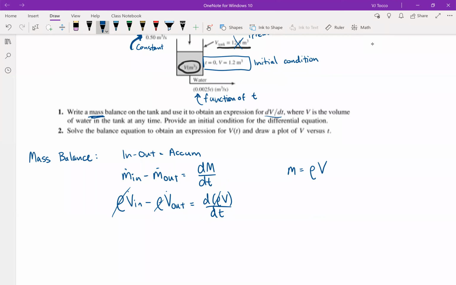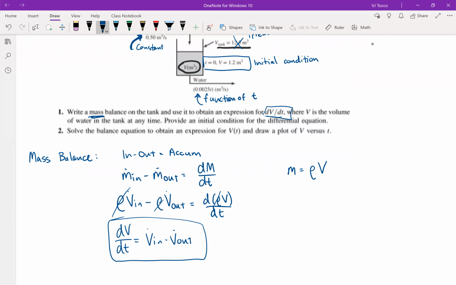And therefore, if I simplify the mass balance a little bit more, I get dv dt is equal to v dot in minus v dot out. All right, and that was the thing that it asked me to do, obtain an expression for dv dt where v is the volume of water in the tank at any time. All right, that is done.